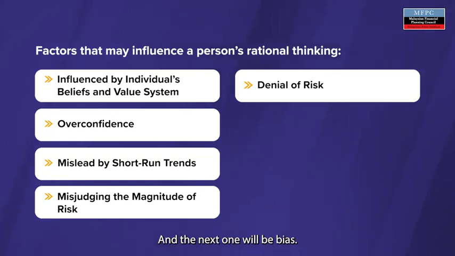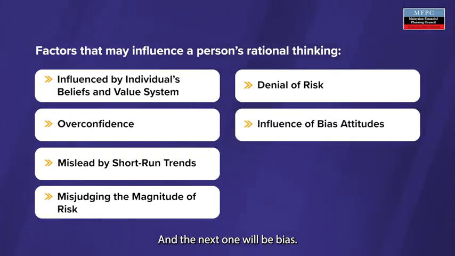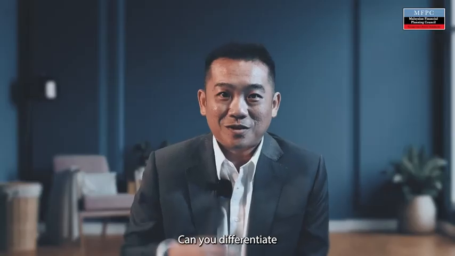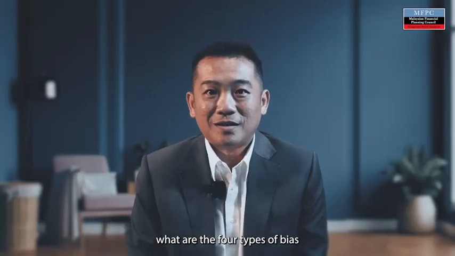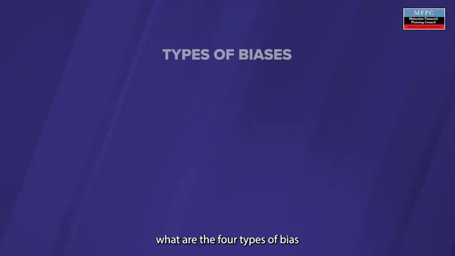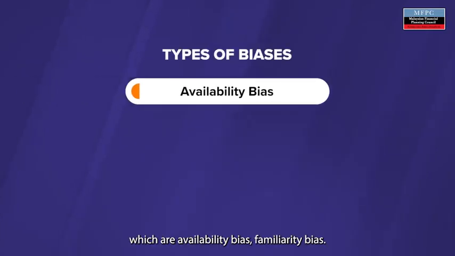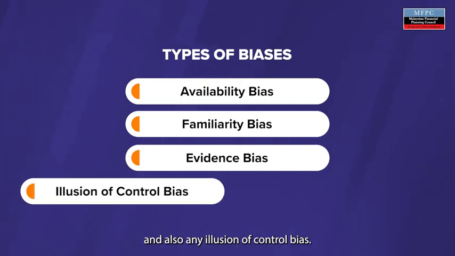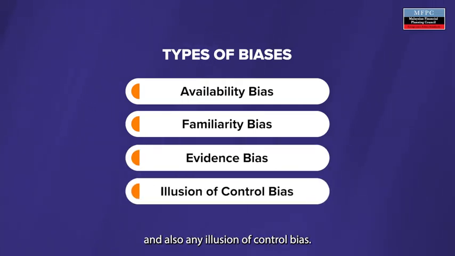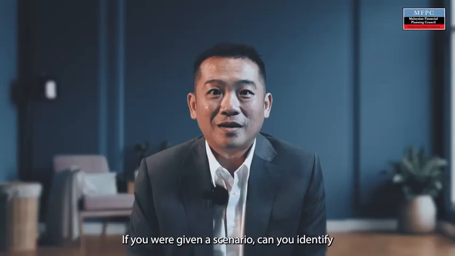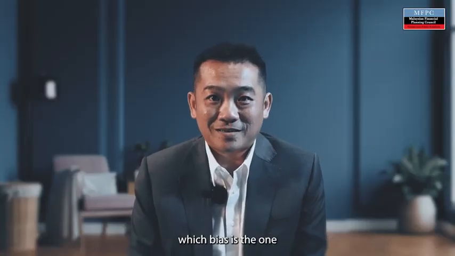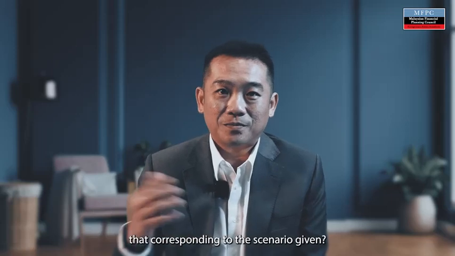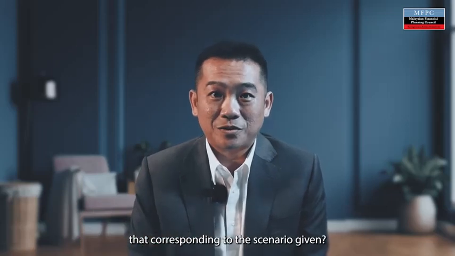And the next one is bias. Can you name the 4 types of bias? Can you differentiate the 4 types of bias, which are availability bias, familiarity bias, evidence bias, and illusion of control bias? If we were given a scenario, can you identify which bias corresponds to the scenario given?